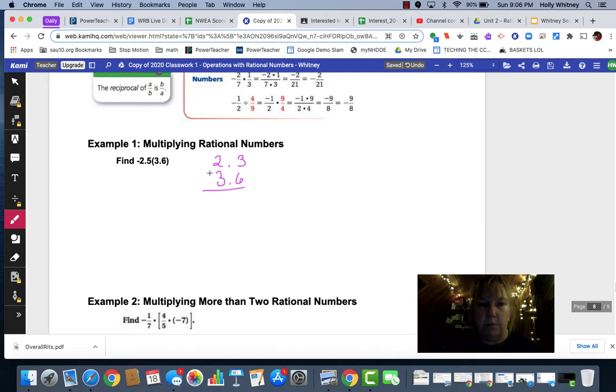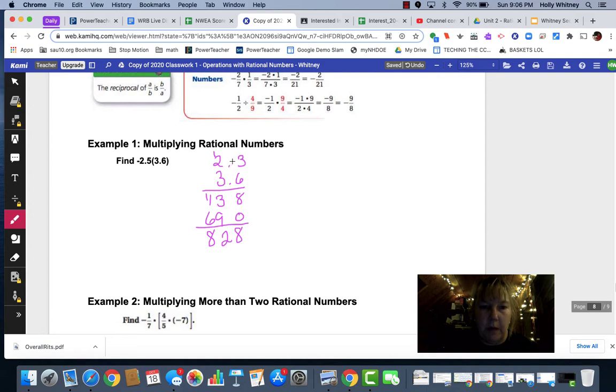So this is two-digit multiplication. 3 times 6 is 18, so 8, carry the 1. 6 times 2 is 12, plus 1 is 13. Then we move on to the tens place, so the 0 goes in the ones place. 3 times 3 is 9, and 3 times 2 is 6. Now we add those two. We get 8, 12, carry the 1, 6, 7, 8.